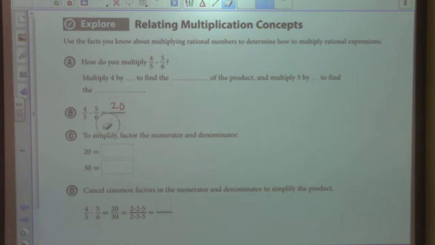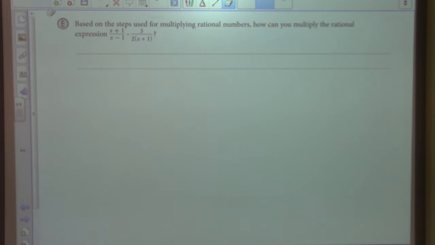And next, we're given this problem right here, and I'm going to rewrite it just a little bit larger. How can you multiply the rational expression? We have x plus 1 over x minus 1 times 3 over 2, with x plus 1 in parentheses.